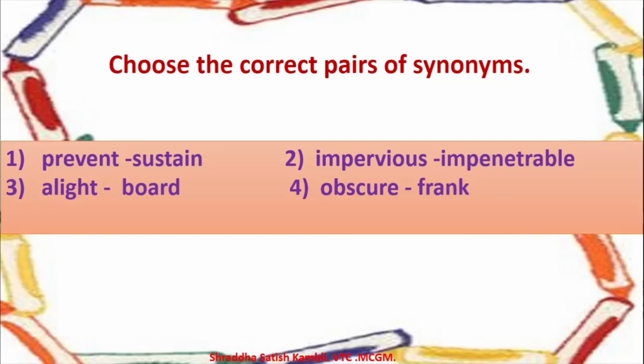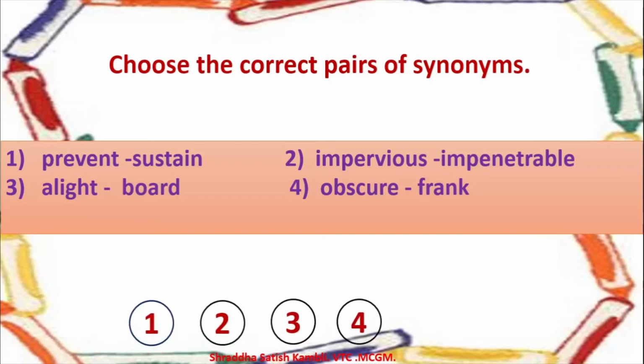Now let's come back to this question. Which could be the correct pair of synonyms? Yes, it is answer number 2. Impervious, impenetrable. These words are used when you describe Chhatrapati Shivaji Maharaj's forts. They were impervious, they were impenetrable. That is, you could not enter them.